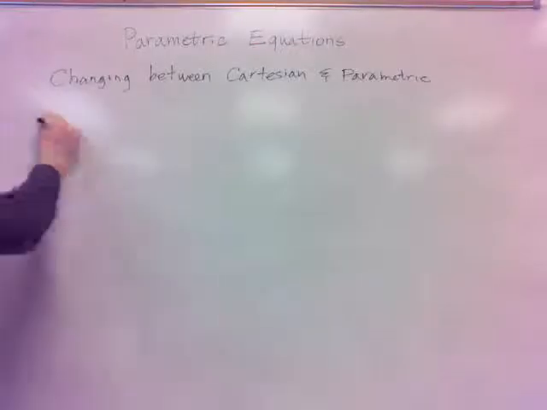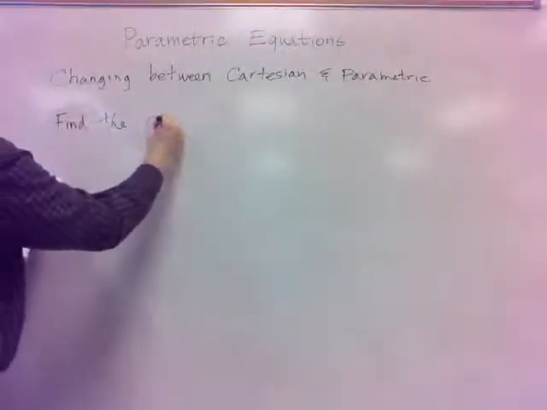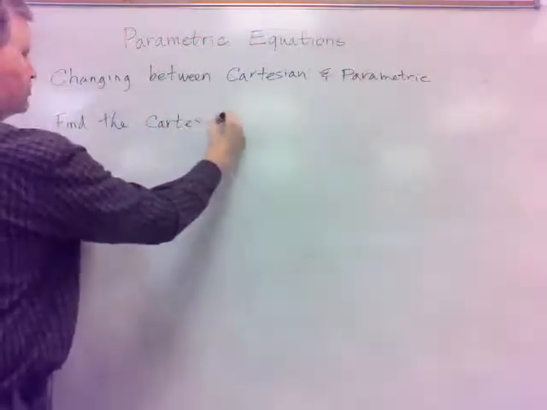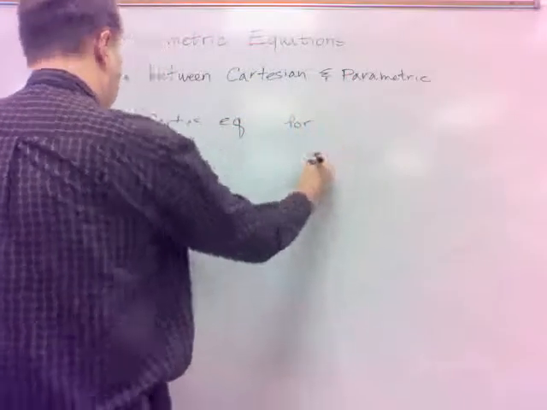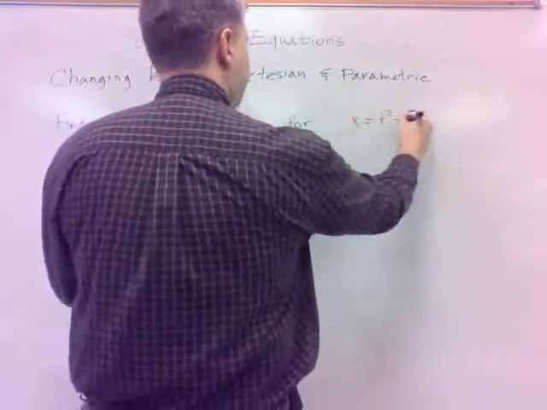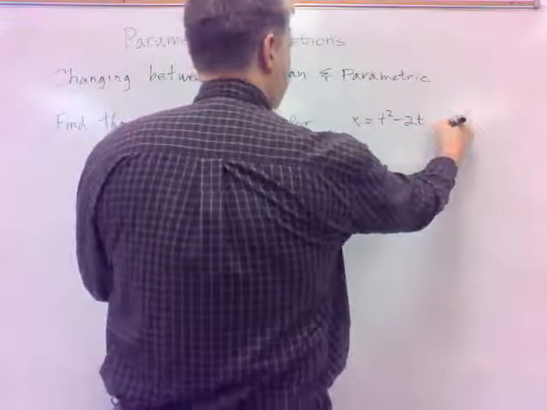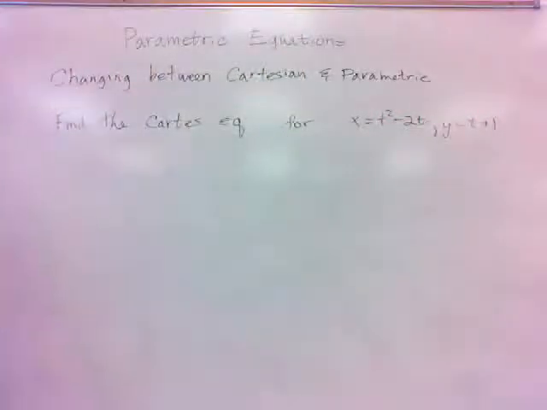All right, so here's the first one. Find the Cartesian equation for the parametric equation x equals t squared minus 2t, y equals t plus 1, which is the first one that we've been talking about here.